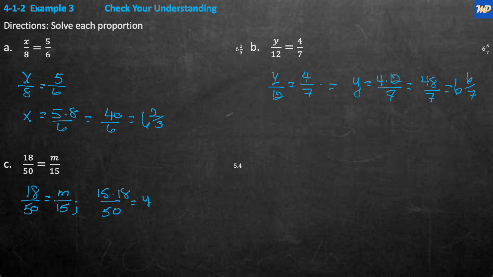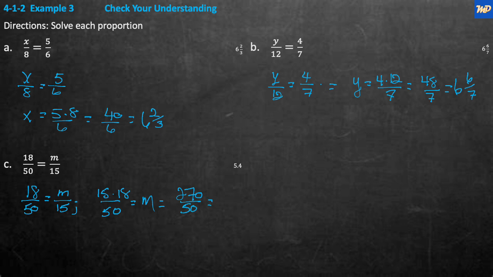Oops, I just wrote a y, and I don't know why I did that. Let's write an m this time. I'm just going to put the numbers on the other side. So m is equal to what? 15 times 18 is 270, divided by 50.